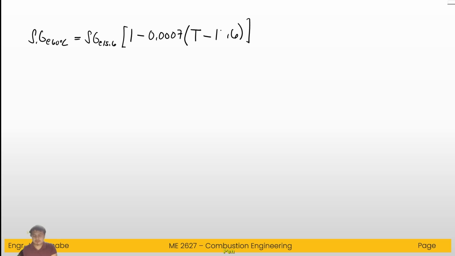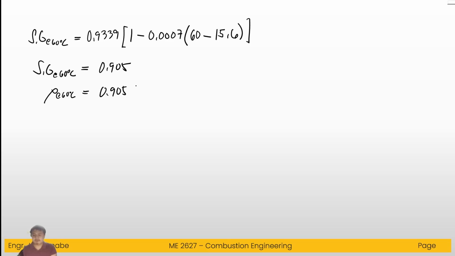So this is the correction factor for the specific gravity at the temperatures. So let's change this to 0.9339, and then you change this into the temperature, which is 60. So you can find the specific gravity at 60 degrees Celsius to be about 0.905. Therefore, the density at 60 degrees Celsius of this fluid is 0.905 kilogram per liter. In other words, we just multiply by 1 kilogram per liter of water here.